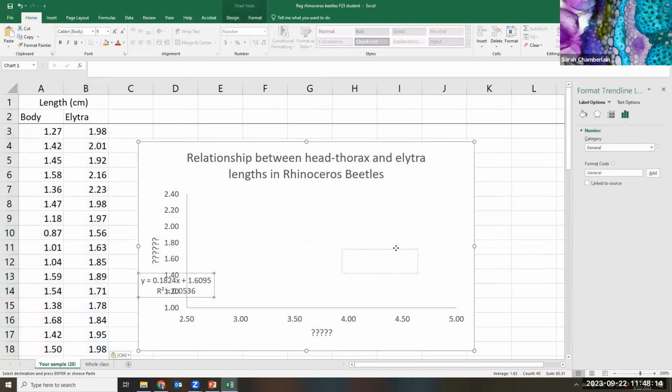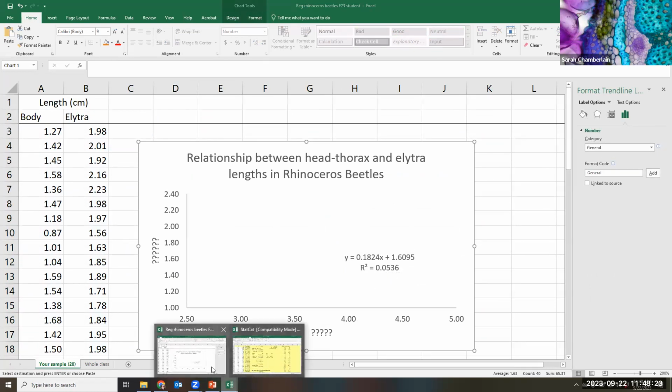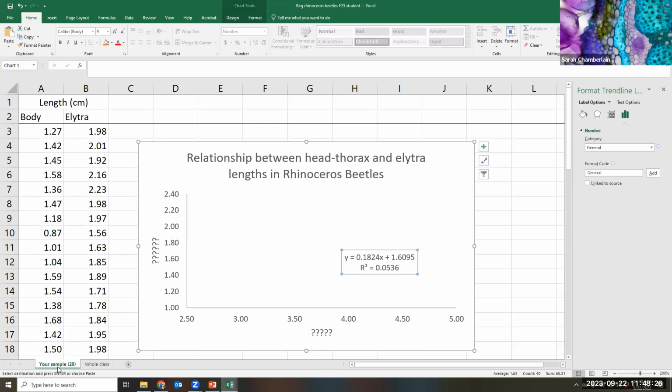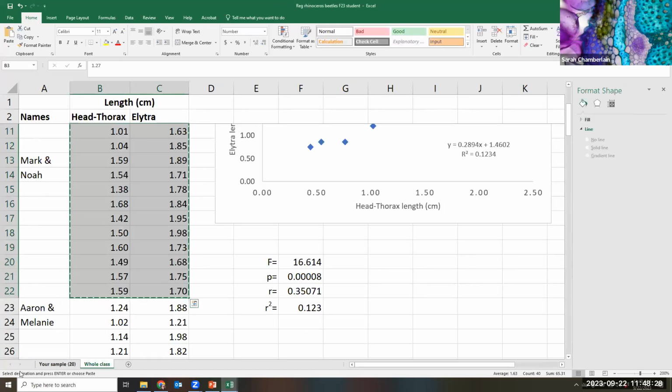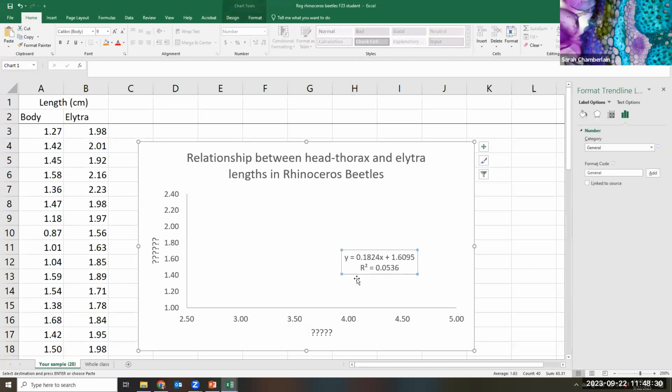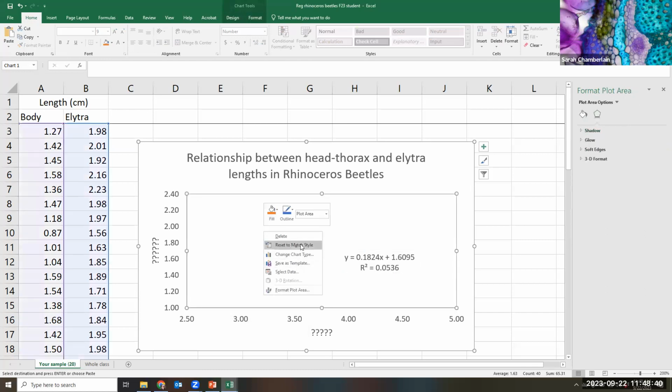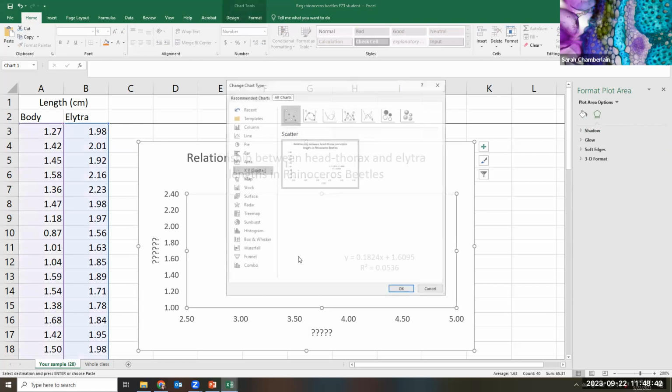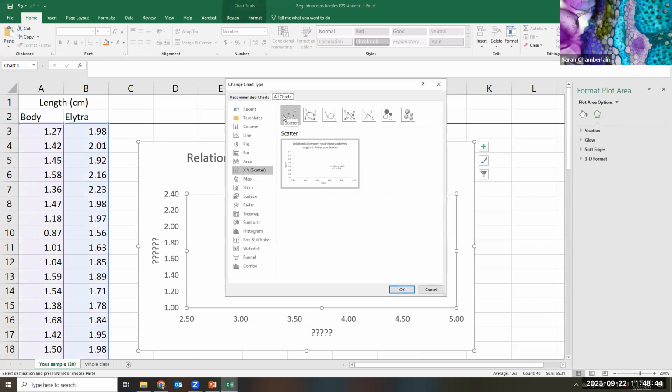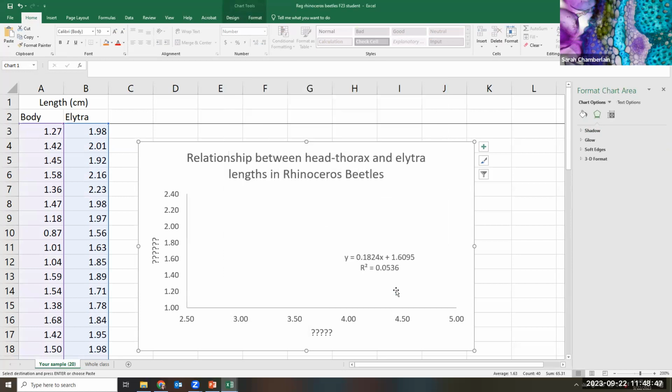Okay, now this one, the R squared is, so on this one, oh yeah, so see how much smaller this R squared is? Right? I need my line though. That means it's closer to that trend line, right? The R squared, yeah.